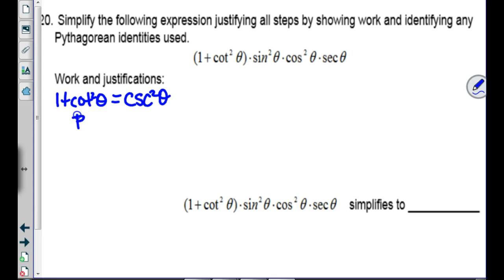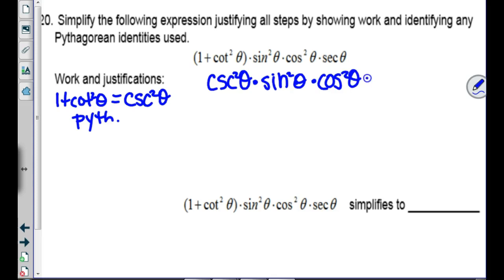So there's the Pythagorean identity I'm using, and I'm going to substitute it in here. Okay, sine squared, I can leave sine squared. Cosine squared, I can leave cosine squared. What might I want to change secant to? Doesn't it say secant right there?